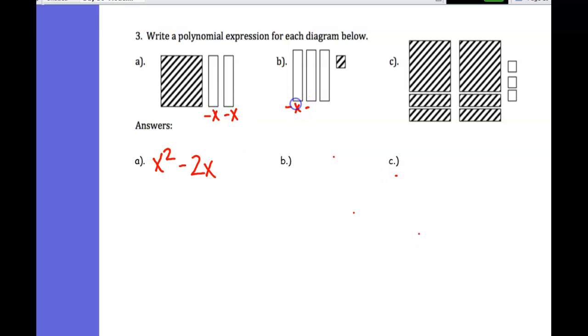This one would be negative 3x squared, plus 1. This one would be 2x squared plus 4x, and then this is going to be minus 1, 2, 3. So that shouldn't be too hard.